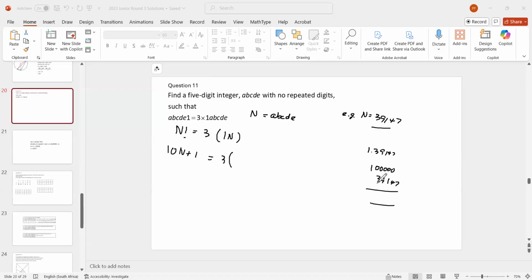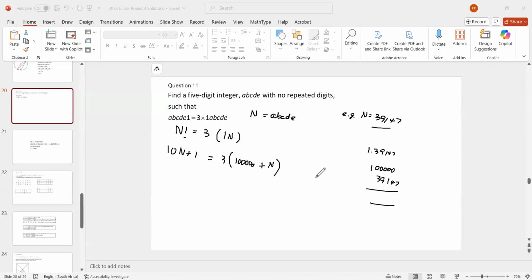So this one has a different meaning altogether. It's actually 100,000 plus n. As we can see in this explanation, this is the sum of two numbers, but one of them is 100,000. You have 5 zeros.